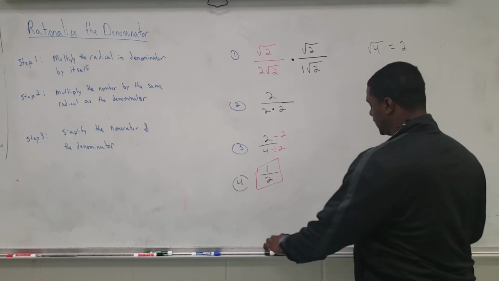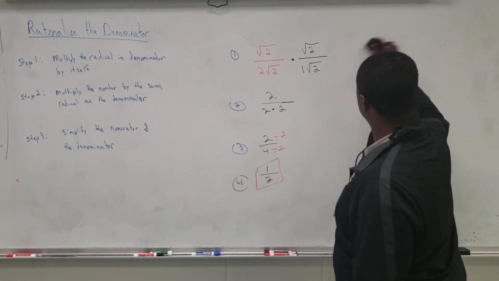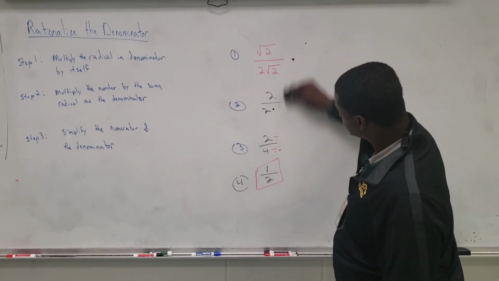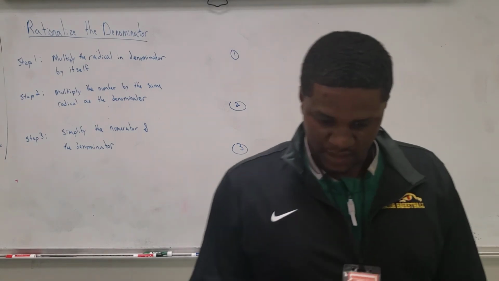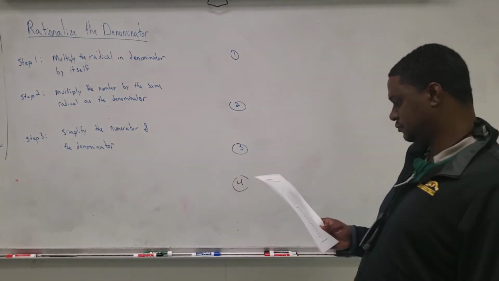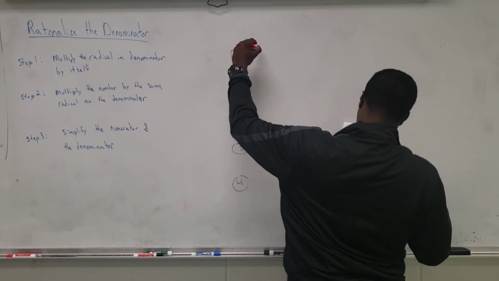Last one we're going to do today. 261. 4 divided by 2 times the square root of 5.